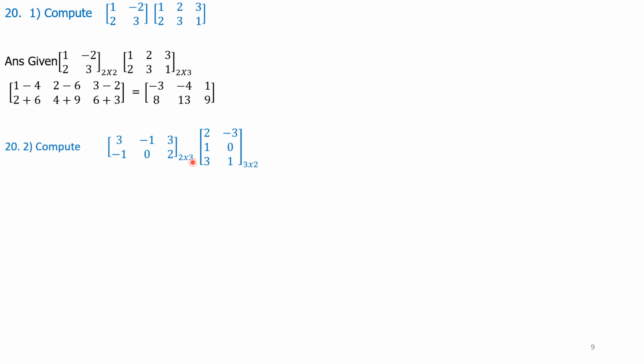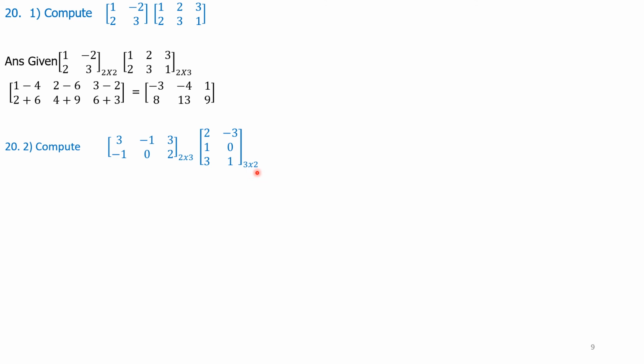And this has to be, as per the question, multiplied with another matrix which is 2, minus 3, 1, 0, 3, 1. Close the bracket. This is 3 rows. Row number 1, row number 2 and row number 3 as indicated. So this is 3 by 2.